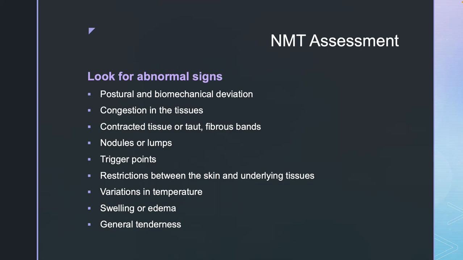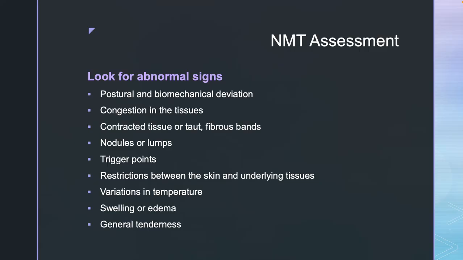This will come with time. Contracted muscle or a taut fibrous band. So contracted muscle can come in the form of trigger points or knots that are literally like circular, or they can come in bands. So both of those can be considered a trigger point or just a taut area. Taut means overly tight.